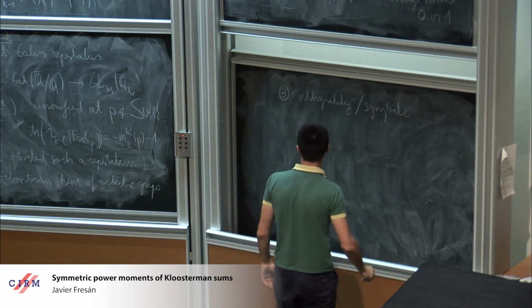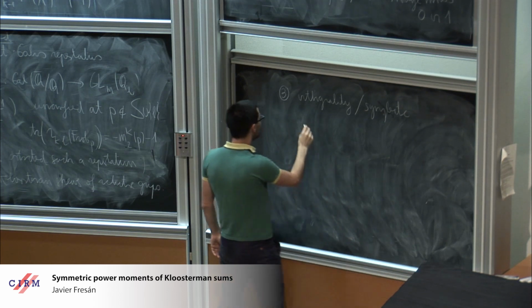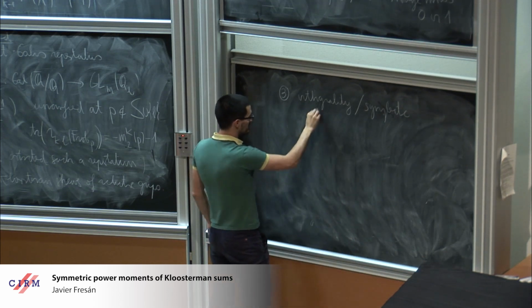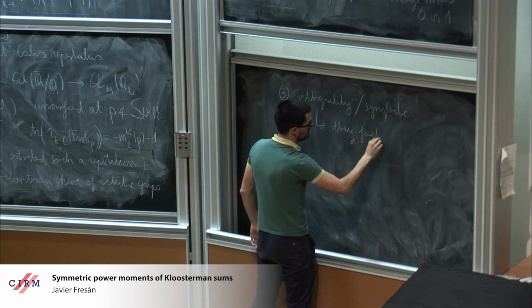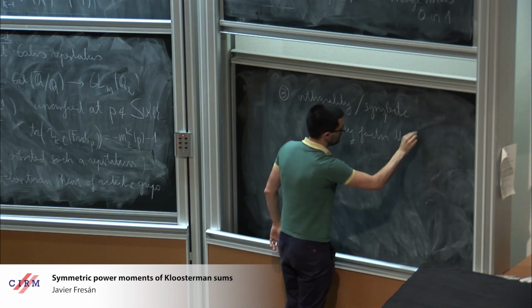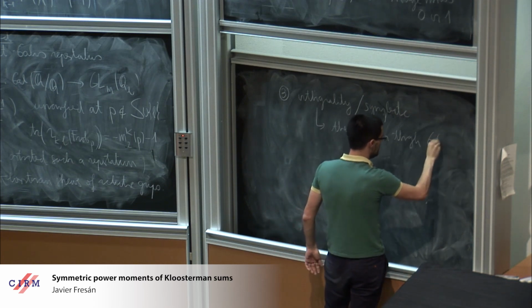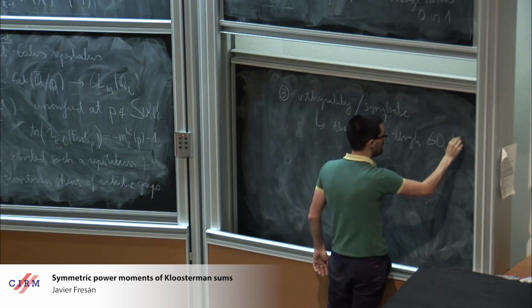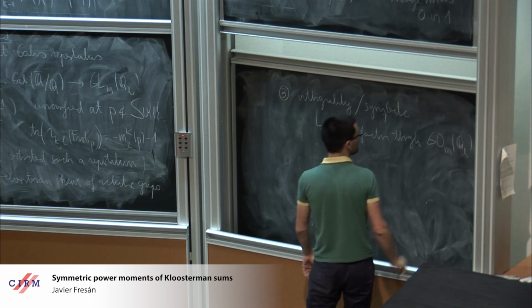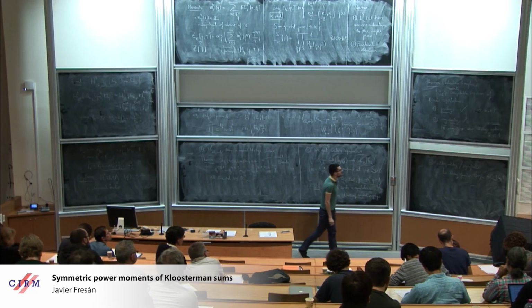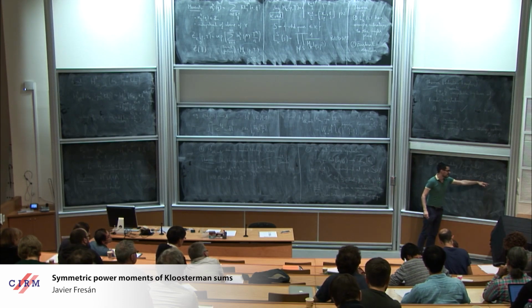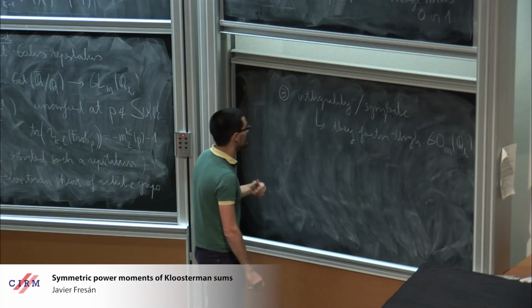I don't know how to make a noun, but it's symplectic. So this means that, for example, they factor through GO or GSp, and then you also want to say something about the similitude character and so on.